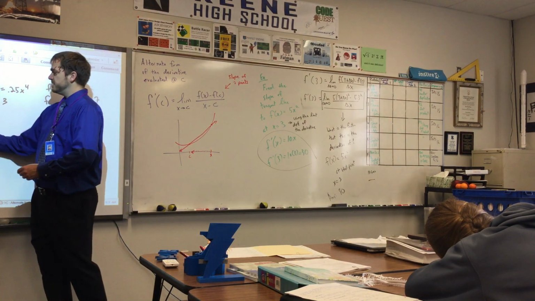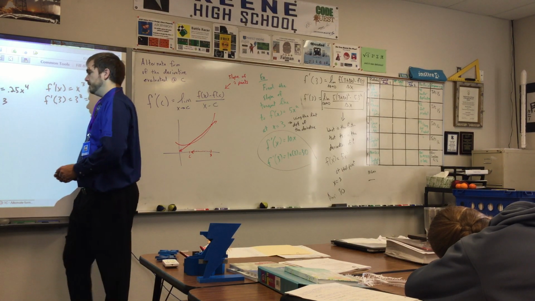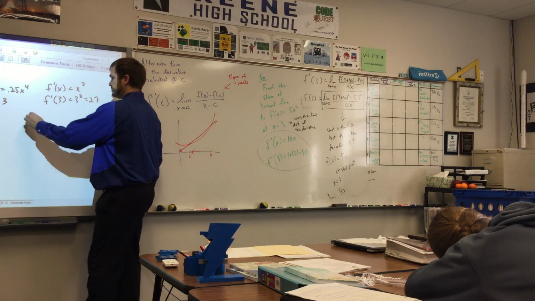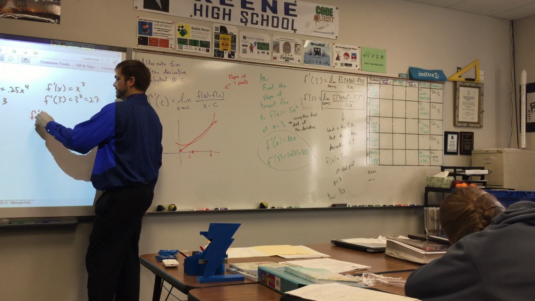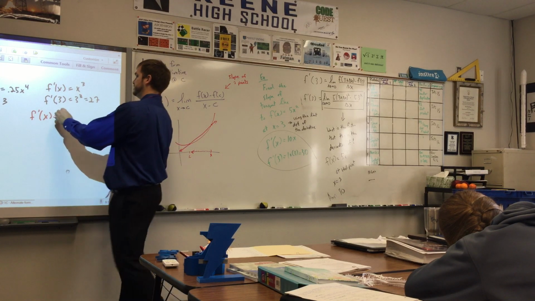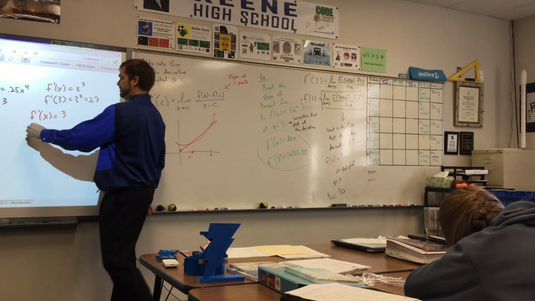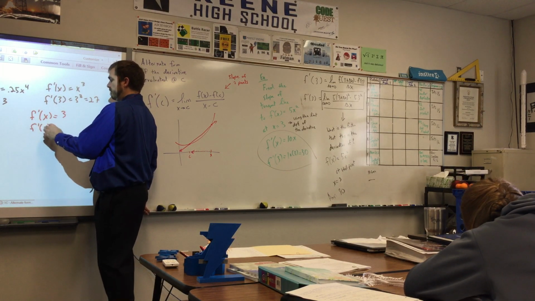So sometimes this term over here will be maybe simplified, but we can handle that now. So Harley, what is the derivative function? 3. You're correct. And now this is weird. What is f prime evaluated at 1?